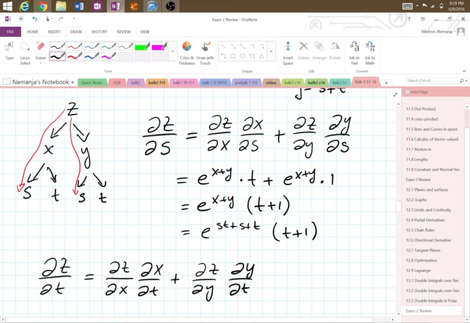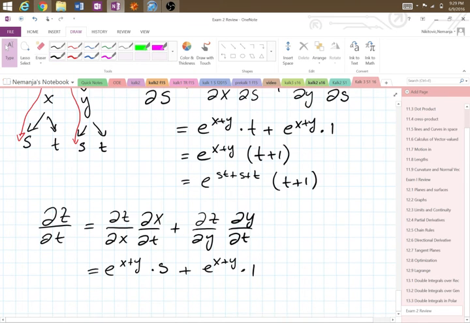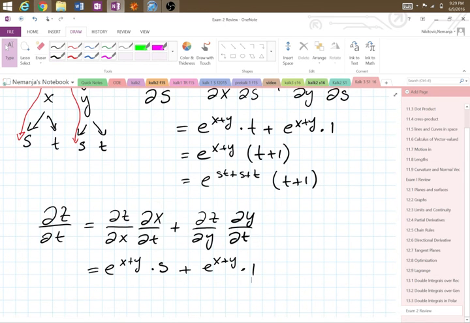There we go. So we have e to the x plus y times s in this case, plus e to the x plus y times 1. So the answer is exactly this. The answer is symmetrical. Done.